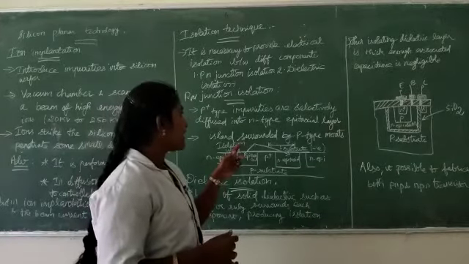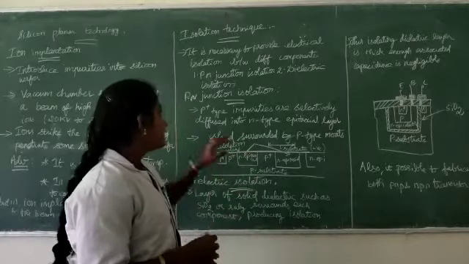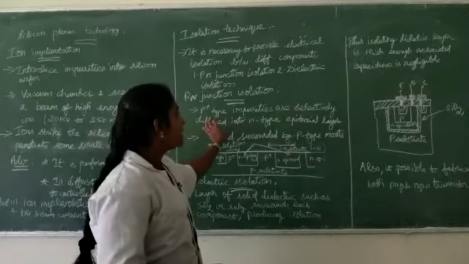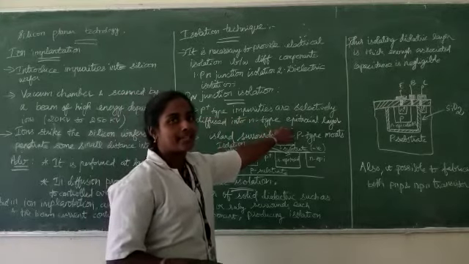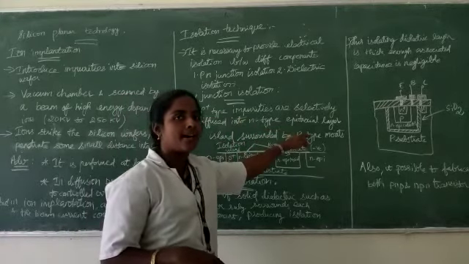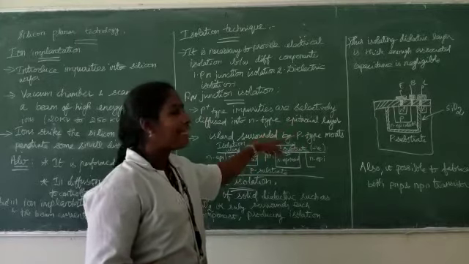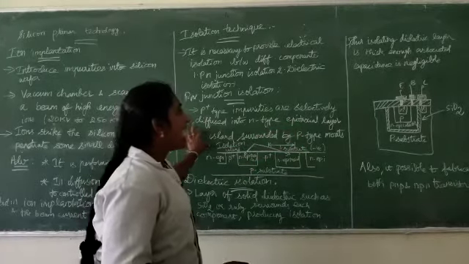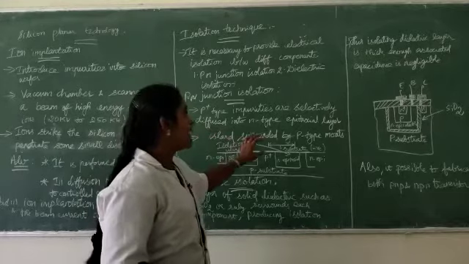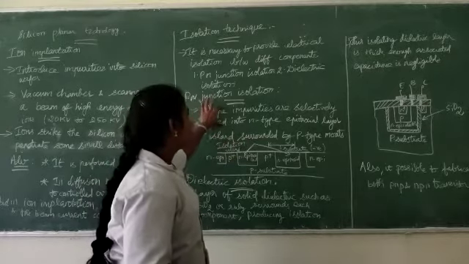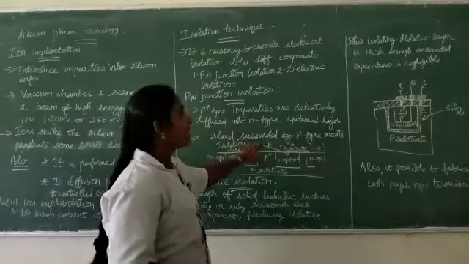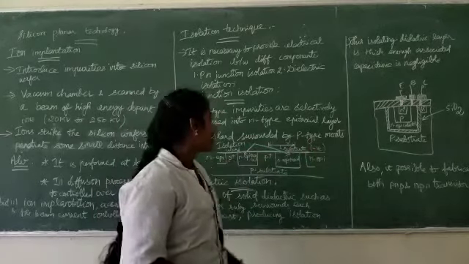In PN junction isolation, P-type impurities are selectively diffused into the N-type epitaxial layer. From this first step we get the islands, and these islands are surrounded by P-type regions.